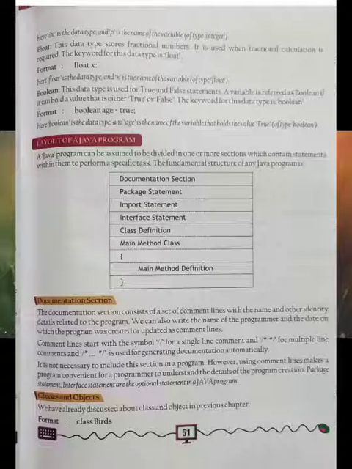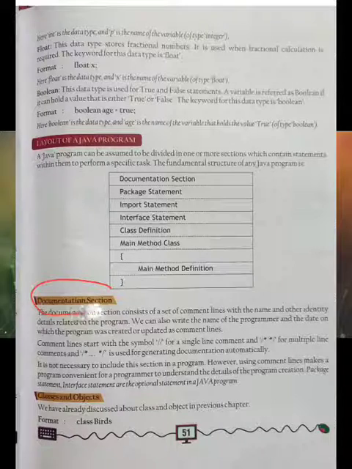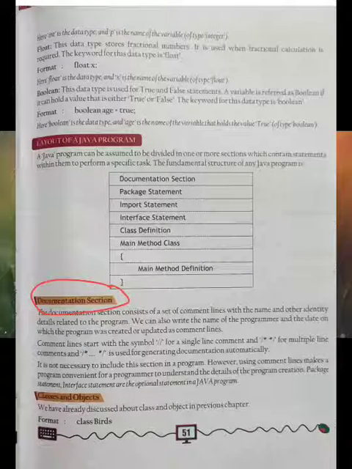Now this documentation section is not necessary in a program. If you want to write it, you can write. If you want to ignore it, you can ignore it. But programmers used to write this. Why? Because suppose today I have done the programming, and after me some other person wants to update that program, he or she should know what task the program is written for.